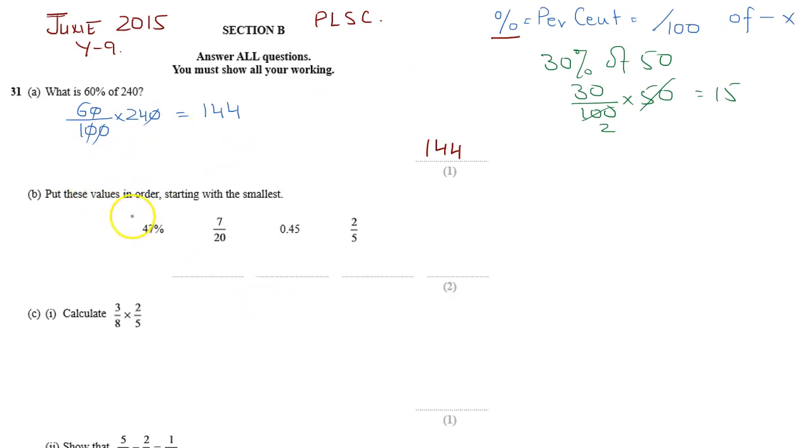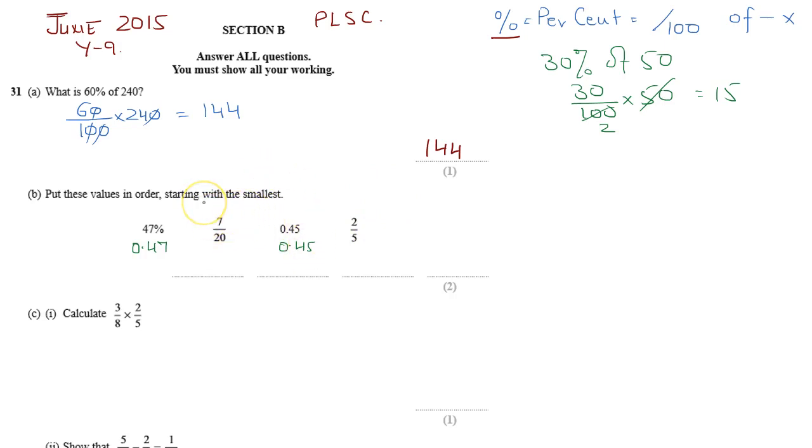This is part A. Part B. Put these values in order, starting with the smallest. So the best way is to convert all into decimals. 47%, again 47 over 100, that is 0.47. This is 0.45, you already have. Now this too you have to convert.